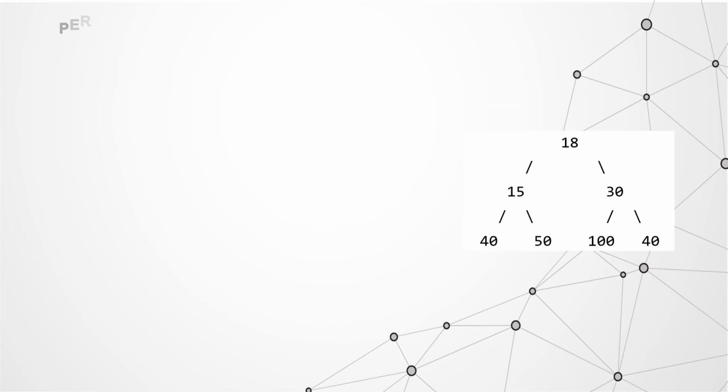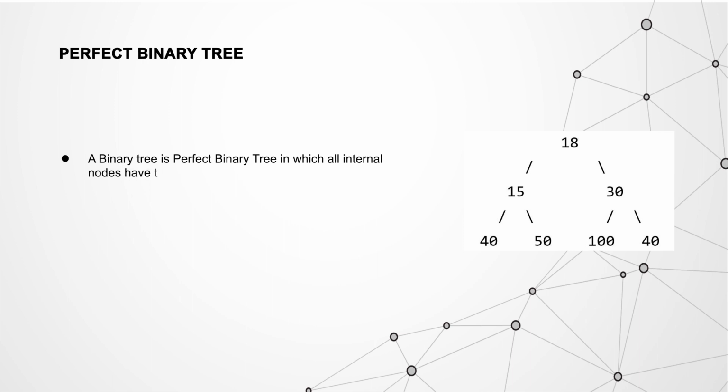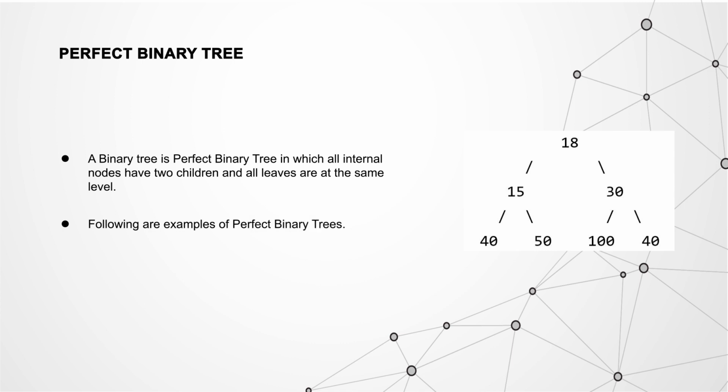Next is the perfect binary tree. A binary tree is a perfect binary tree in which all internal nodes have two children and all leaves are at the same level. Following the example, 18 produces 15 and 30, 15 produces 40 and 50, and 30 produces 100 and 40. All leaf nodes are at the same level.